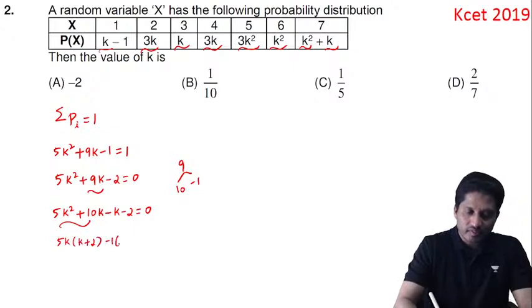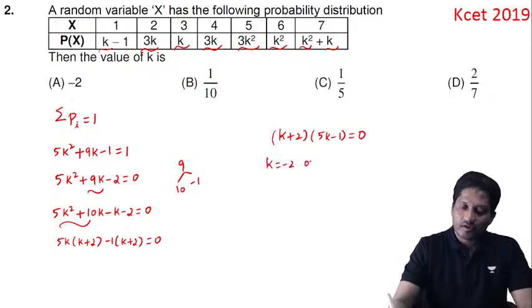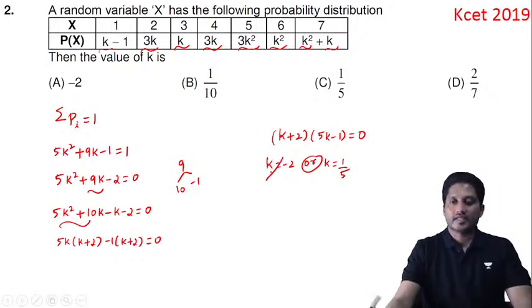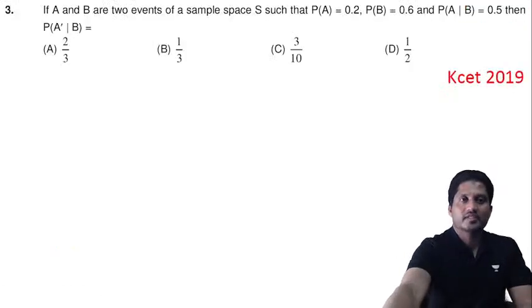Take minus 1 common, you will get k plus 2 is equal to 0. Now I'm going to take k plus 2 out. If I take k plus 2 common, left out is 5k minus 1 is equal to 0. You get k is equal to minus 2 or k is equal to 1 upon 5. Probability cannot be negative. k is equal to minus 2 neglect, so k is equal to 1 upon 5. Let's move to the next question.